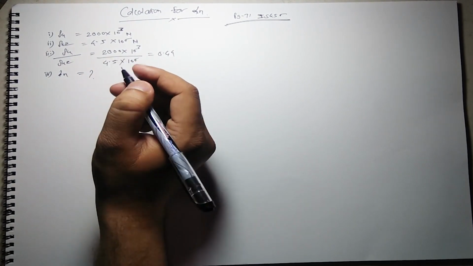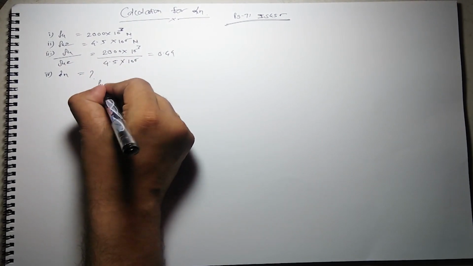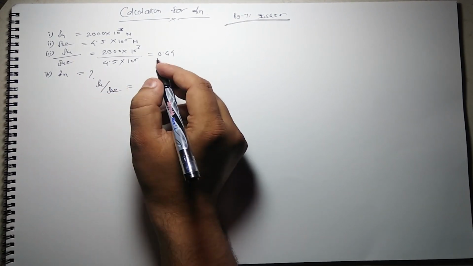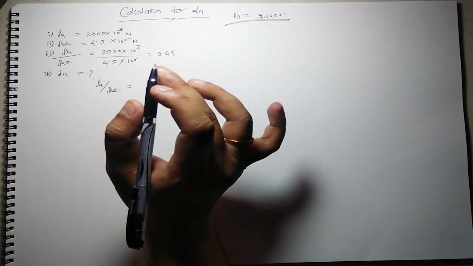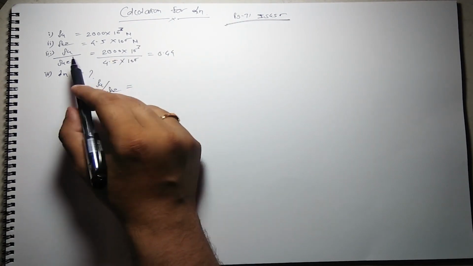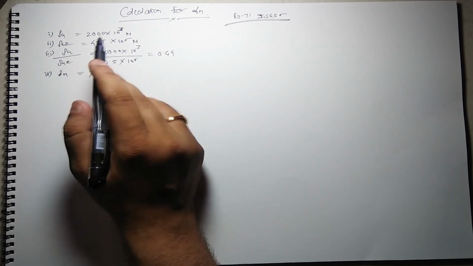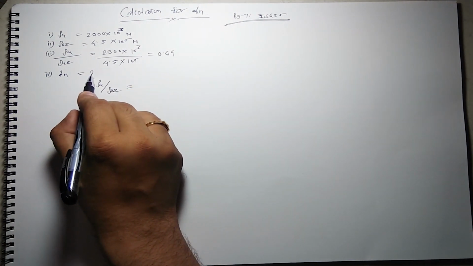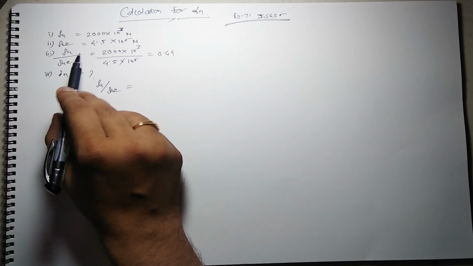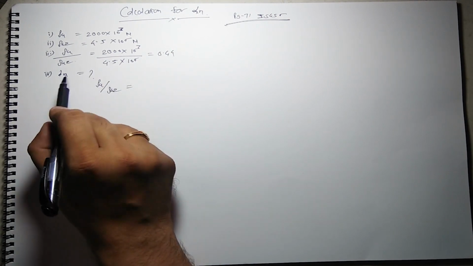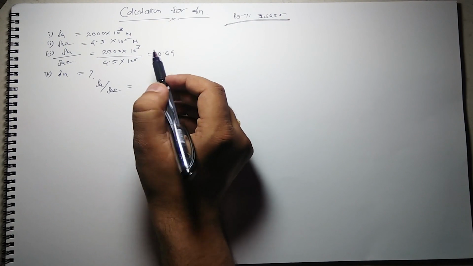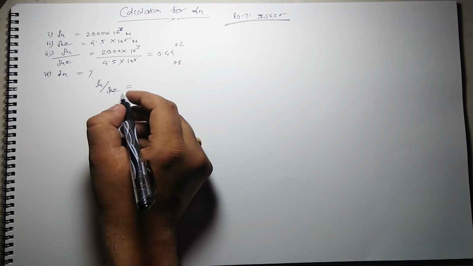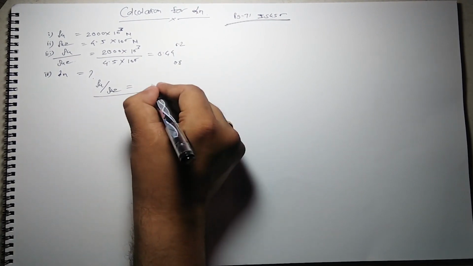Sometimes we need interpolation. If the ratio of Pu upon Puz is less than or equal to 0.2, then we pick the value equal to 1. And if the ratio is greater than or equal to 0.8, then we take alpha n equal to 2. But now it is coming between 0.2 and 0.8, so we need to go for interpolation.